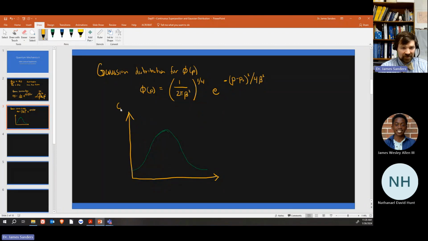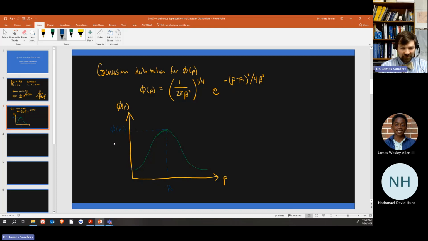This obviously is my phi of p axis. This right here, my p axis. And if I label a few points of interest, this central point in here would be p is p naught. And then what we have is a width at some point of 2 beta. So let's say this right here has a value of phi of p naught.